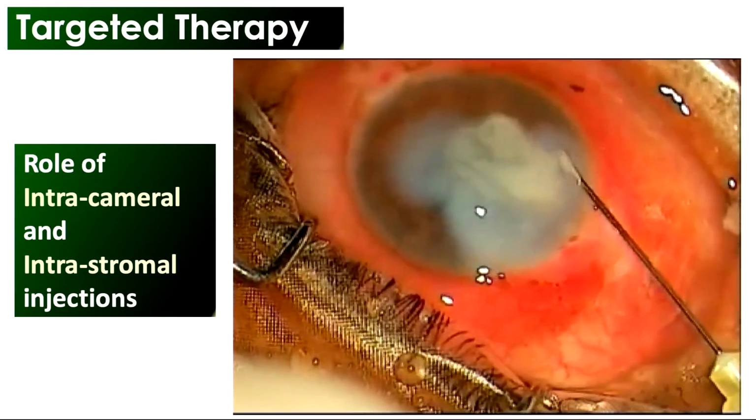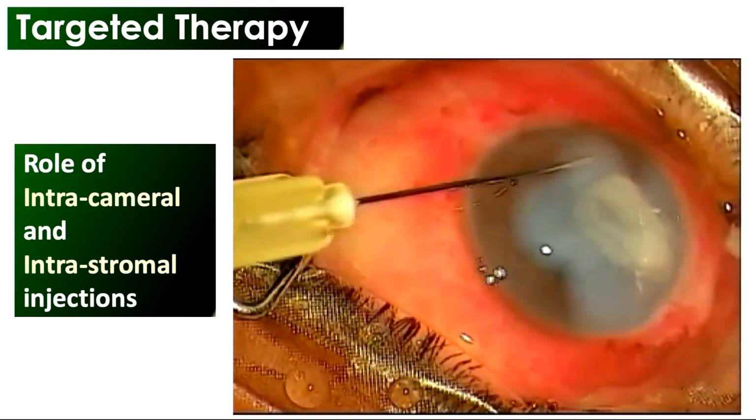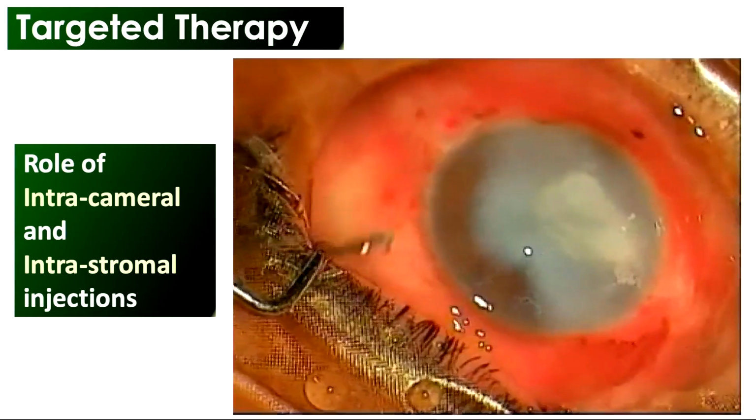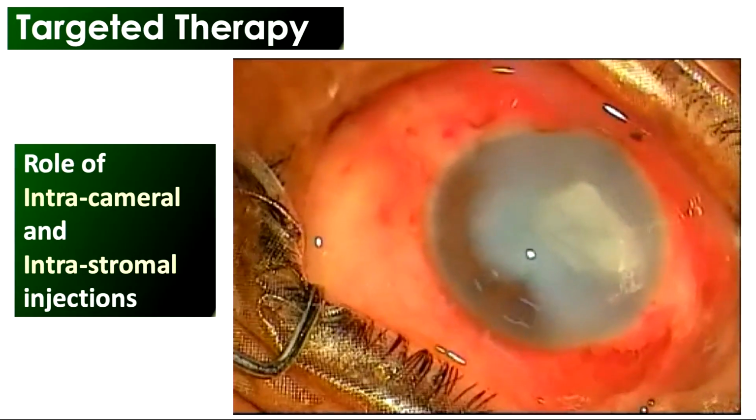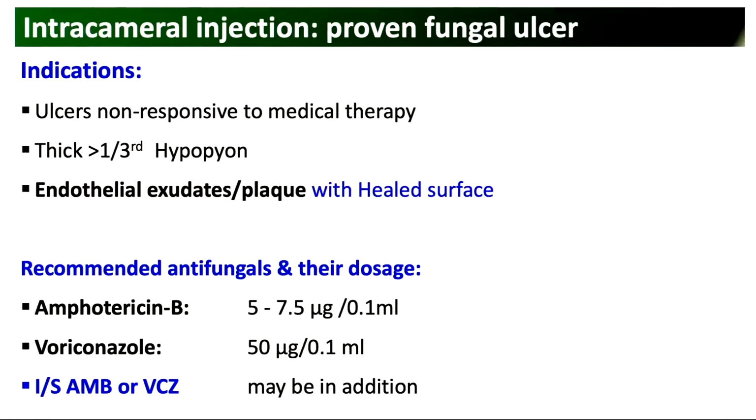So you have to take out the stent at the same time you give intracameral and intrastromal antifungal agents. The indication is typically endothelial exudates or plaque with a healed ocular surface, and there are recommended doses for all of these.